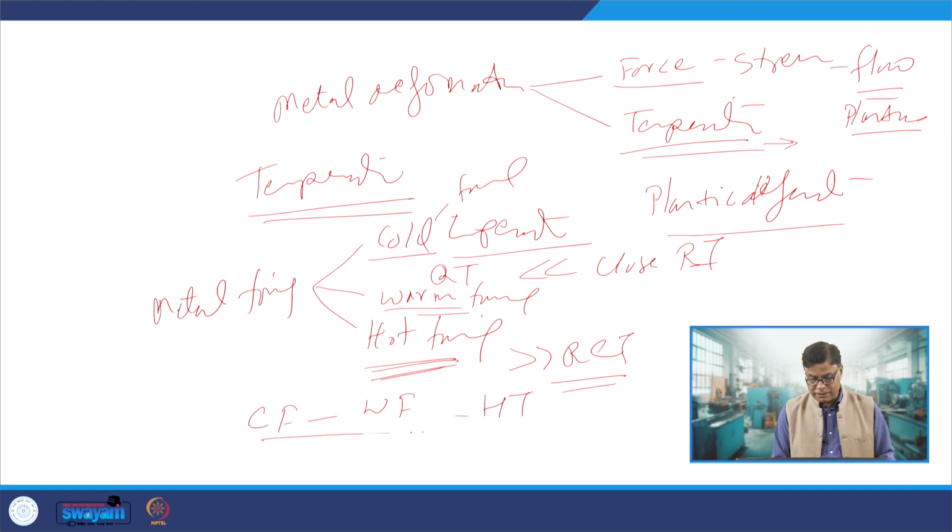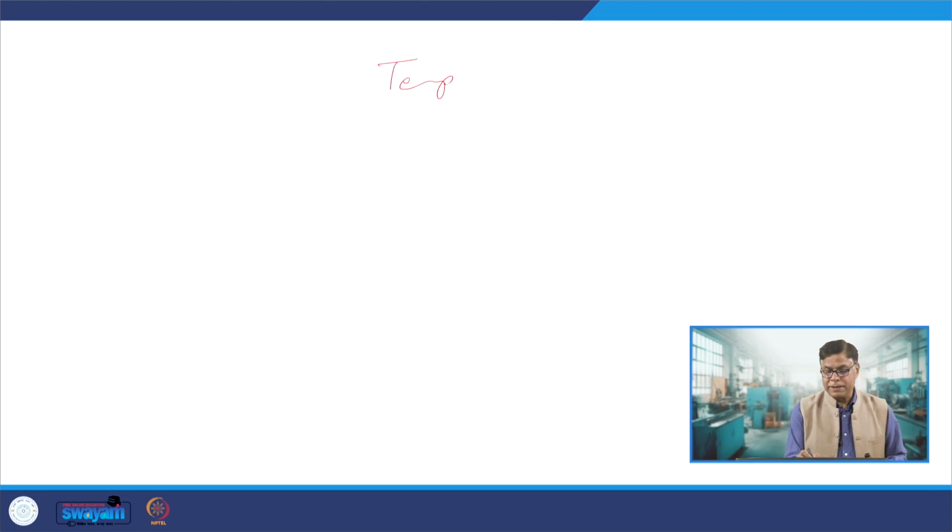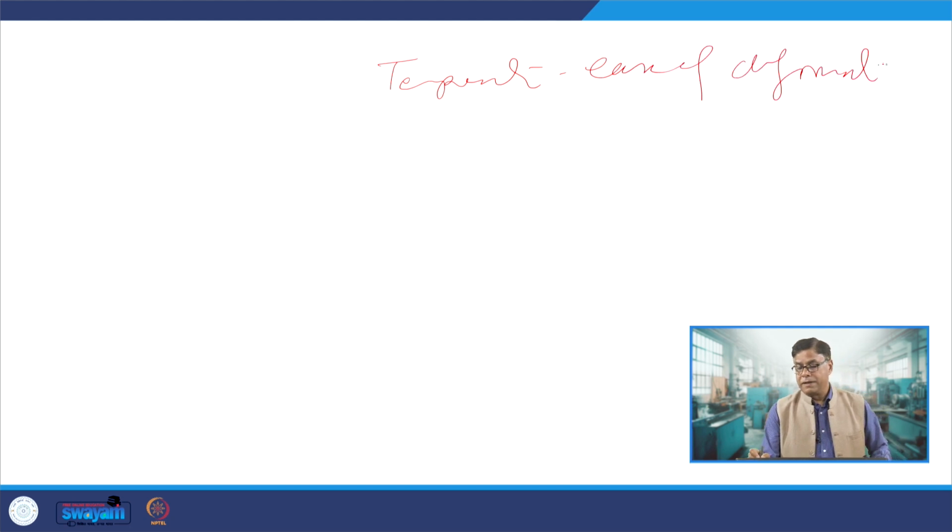So, with regard to the temperature, this is the sequence. Why is it important? Because the temperature directly affects the ease of deformation, which we measure in terms of the yield strength, and the ability to get deformed, which we measure in terms of the percentage elongation.